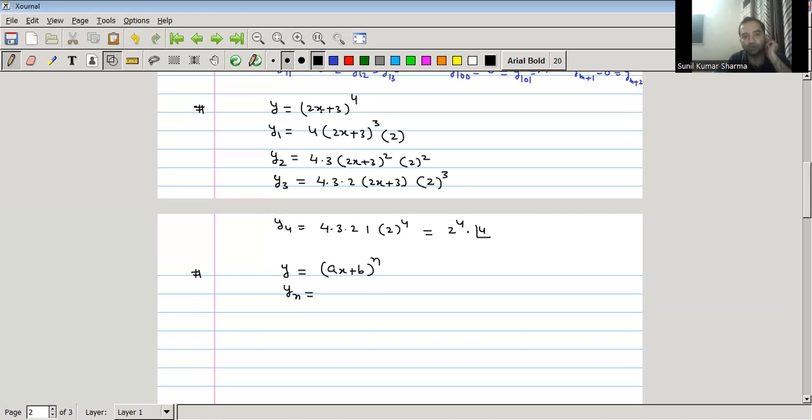If y is (2x plus 3) to the power 4, here a is 2, b is 3, n is 4. So if you relate this (ax plus b) to the power n with the above example, then can you tell me what is yn? Here you get 2 to the power 4. 2 is the coefficient of x, that is a. So we get a to the power n. Here the power is n. So we get a to the power n into n factorial.